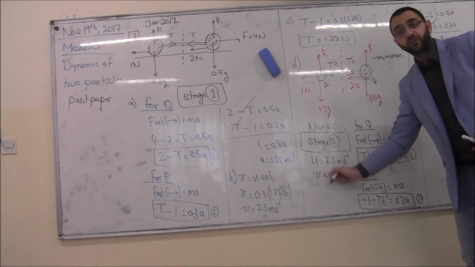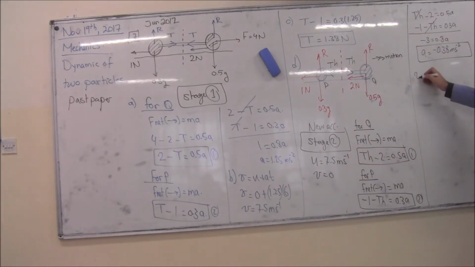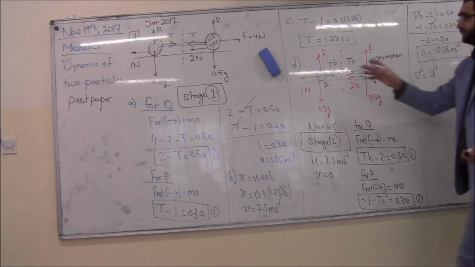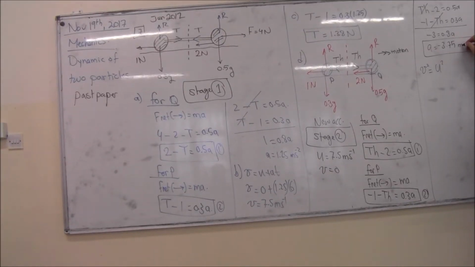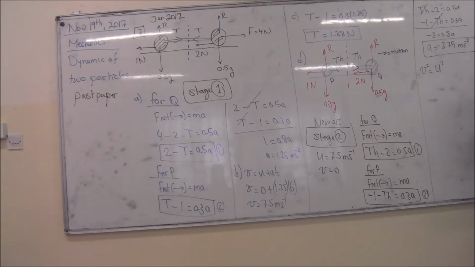Substitute in one of the equations of motion, and you can find the displacement. Minus 3.75, two significant figures, 3.8.